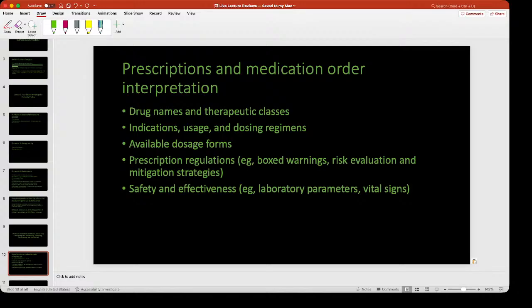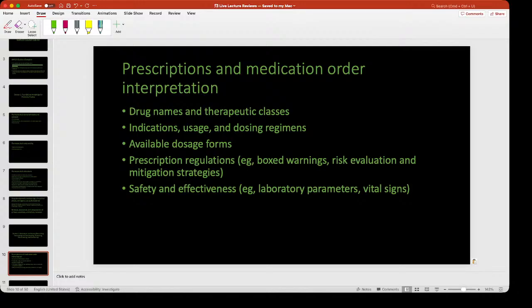And you have to understand these different types of dosage forms to have an idea how a patient can take it. The patient might not be able to take the tablet and can only take the sublingual form, then you have to give that in the sublingual form. So understand what dosage forms are available and in what setting.